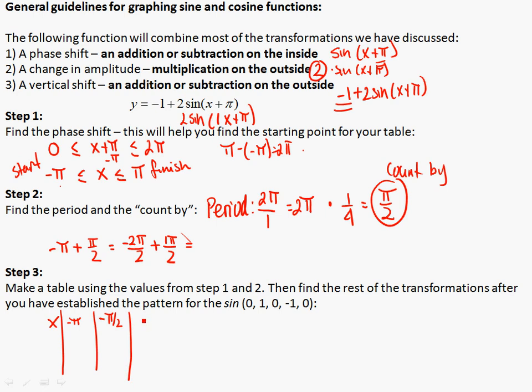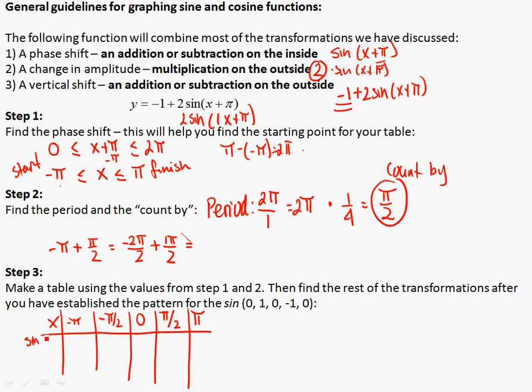And a negative 1 plus 1 is 0 pi over 2. And 0 plus 1 is 1 pi over 2. And 1 plus 1 is 2. So 2 pi over 2, which would be pi. Is that what we wanted? Start at a negative pi and end at pi? Okay, well then that's good.